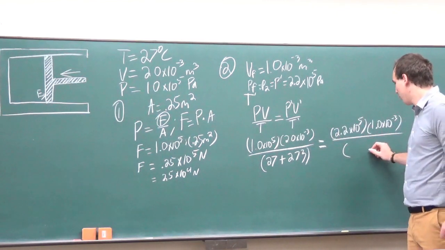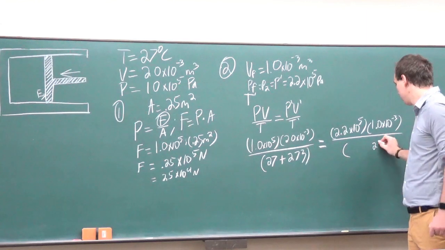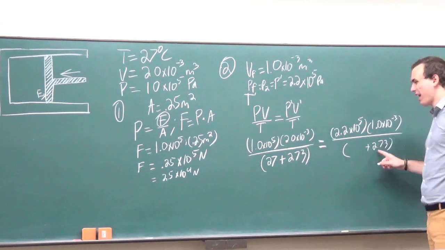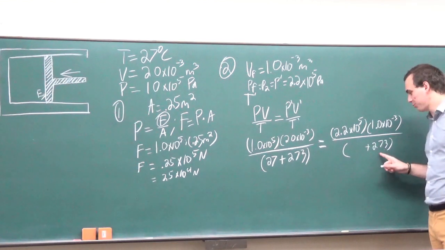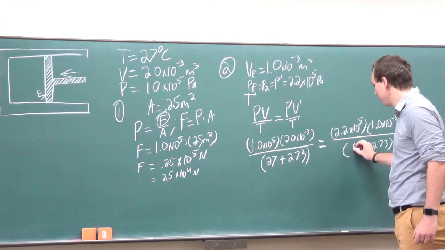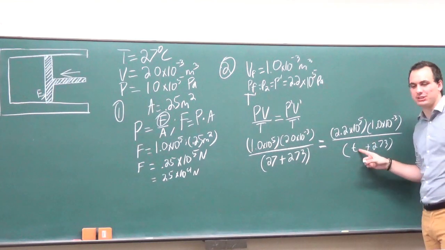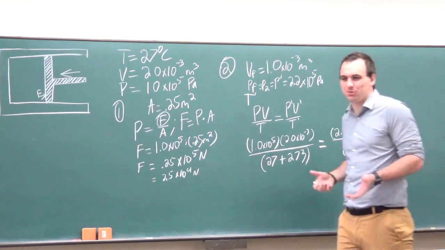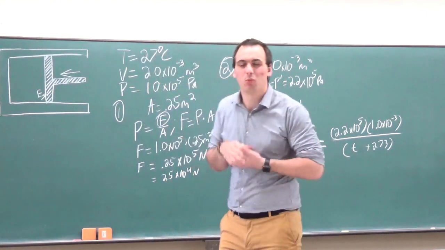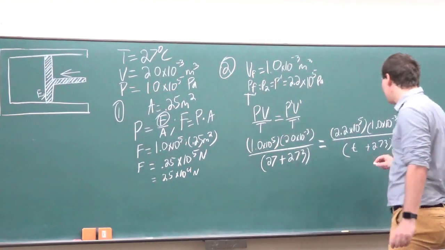We are looking for the new temperature, but we're going to have to deal with that extra 273 degrees. So I'm going to make this as little t. This is our little t. We sometimes use little t for time, but for this I mean the temperature without Kelvin.